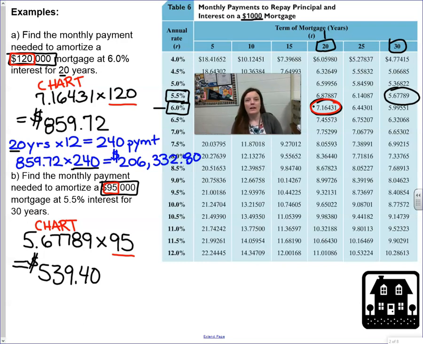Then you end up with a large difference between 4.5% or 4.8%. So when you're shopping for mortgages, you want to make sure that you're getting the best rate possible. So if you see one that's a little lower than another one, it's probably a good deal to go ahead and try to go with that lower one, okay, even if it just looks like a very small difference.